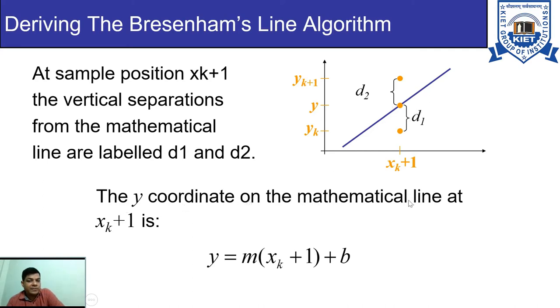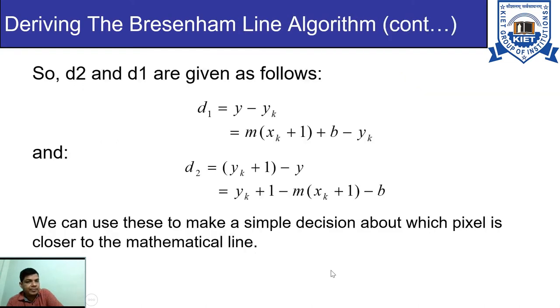The y coordinate on the mathematical line at xk plus 1 is given as y equals m times (xk plus 1) plus b. So we are calculating this y value, which lies on the true path line, and we have to approximate at the position xk plus 1. So we simply substitute the value of x as xk plus 1 in the equation of the line. Now we calculate the two parameters, d1 and d2.